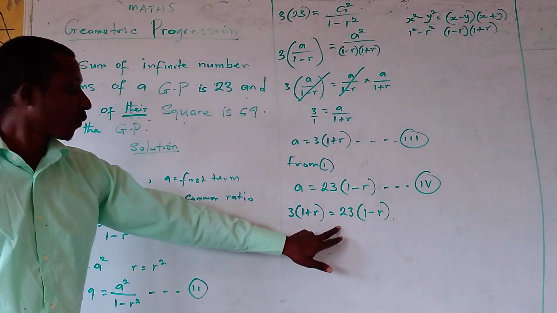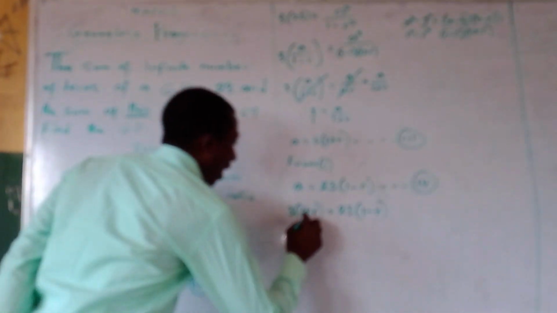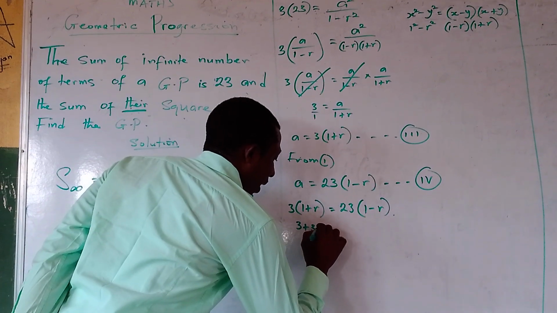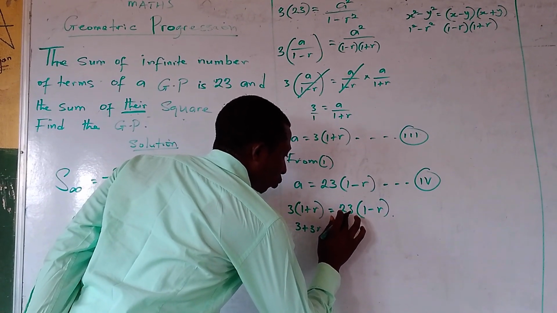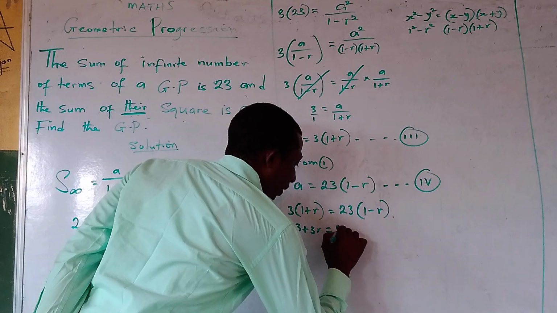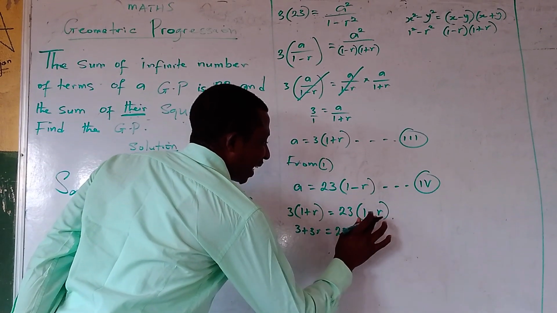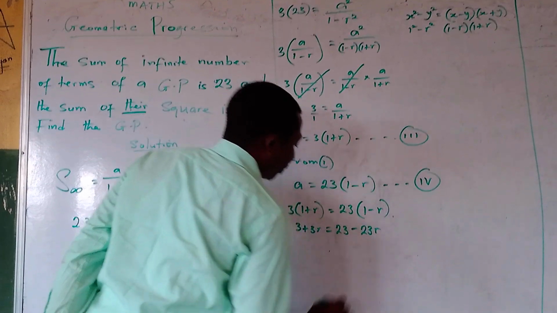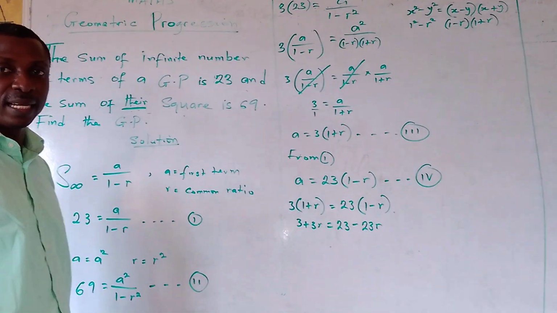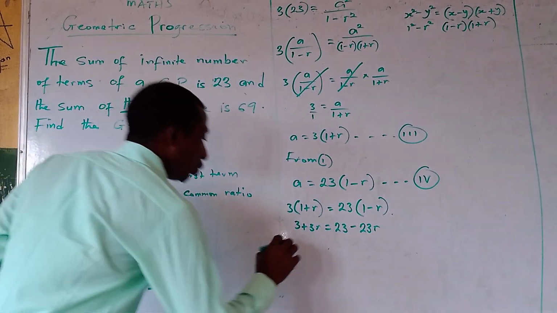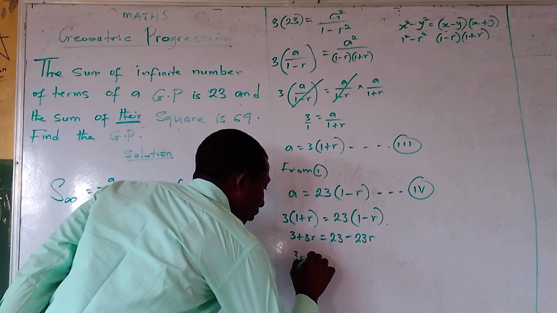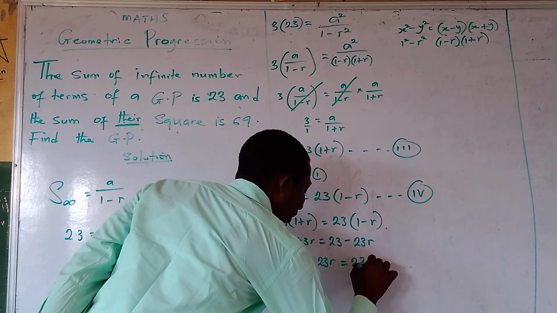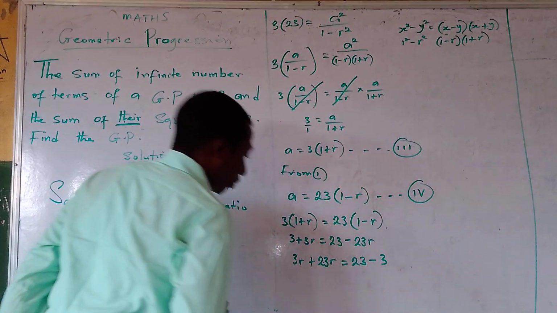So from here, you open the bracket. You have 3 plus 3 times R. That's 3R equals to 23 times 1. That's 23. 23 times minus R. That's minus 23R. So from here, you can collect the like terms. So we have 3R plus 23R equals to 23 minus 3.